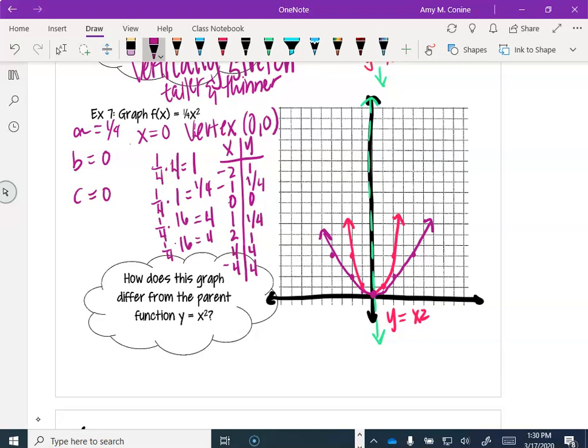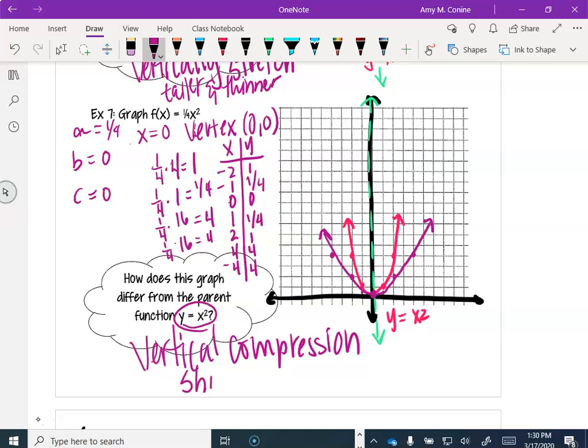So how does this graph differ from your parent function? This one is what they call a vertical compression. So basically you're smushing it down, you're smashing it, okay? So it shrinks or flattens. I think flattens is a good way to describe it.